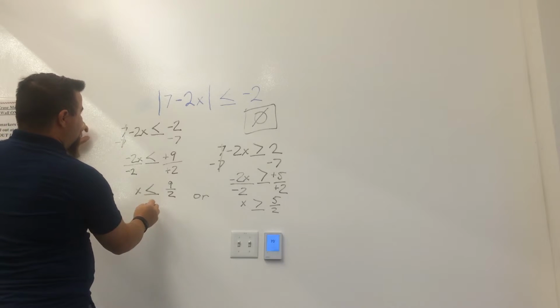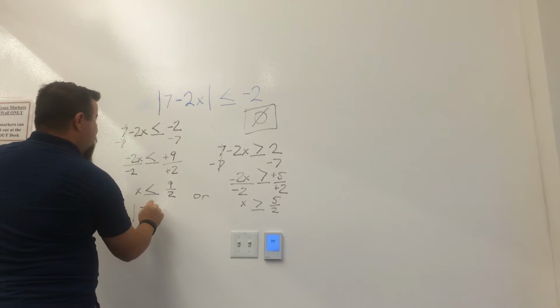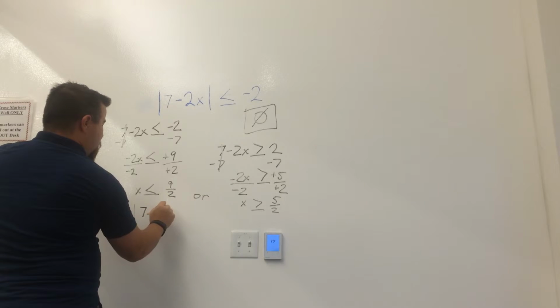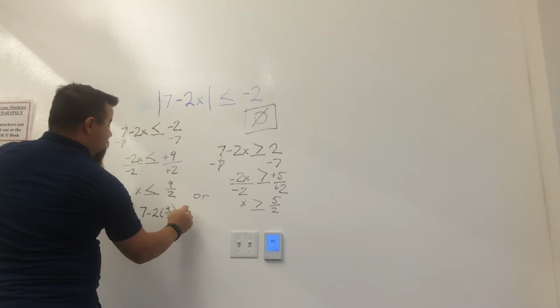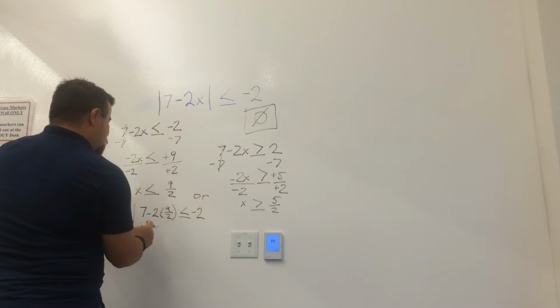then we've got the absolute value of 7 minus 2 times 9 halves is less than or equal to negative 2.